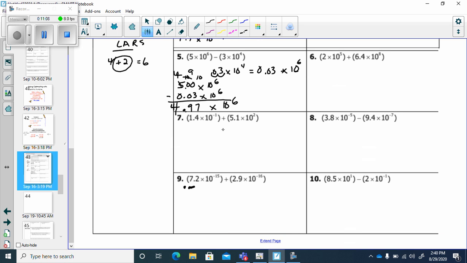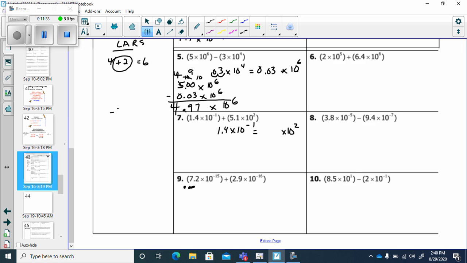Let's look at number 7 here. We're adding. Okay. Let's add. If we look at our numbers, we've got a -1 and we've got a 2. Our small one is this one, 1.4 times 10 to the -1. And I'm trying to convert that to something times 10 to the 2nd power, right?